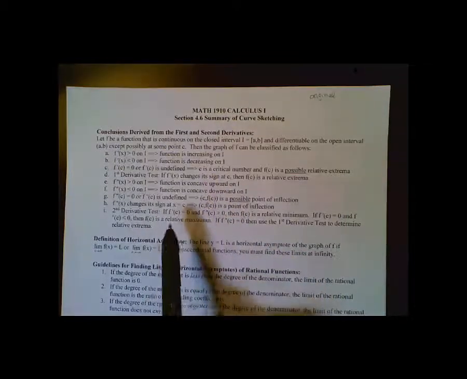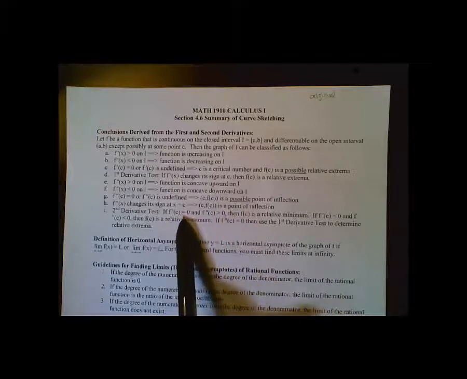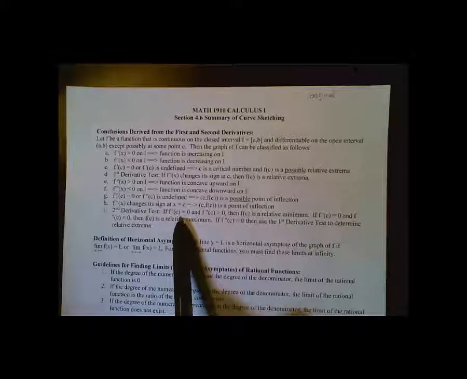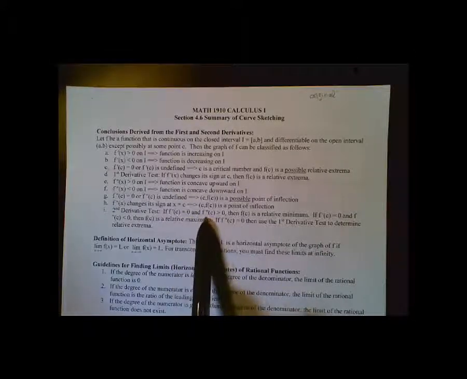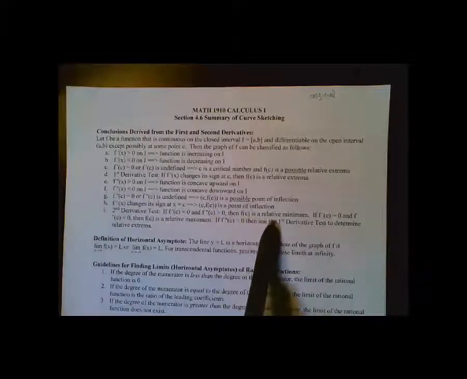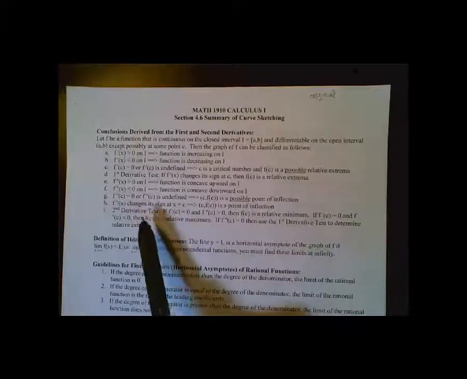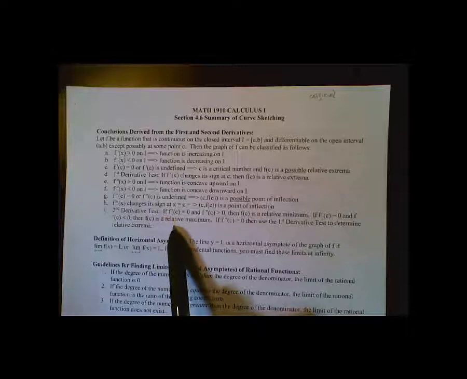And then finally, the second derivative test tells us if we find the critical points of the first derivative, we find what makes the first derivative 0, and then we substitute it into the second derivative. Where the second derivative is positive, f of c has a relative minimum, and where the second derivative is negative, f of c is a relative maximum.